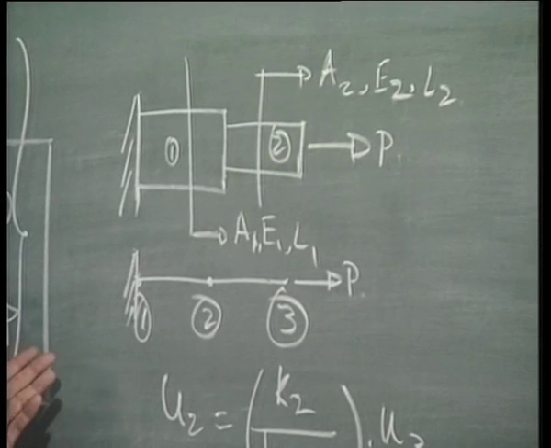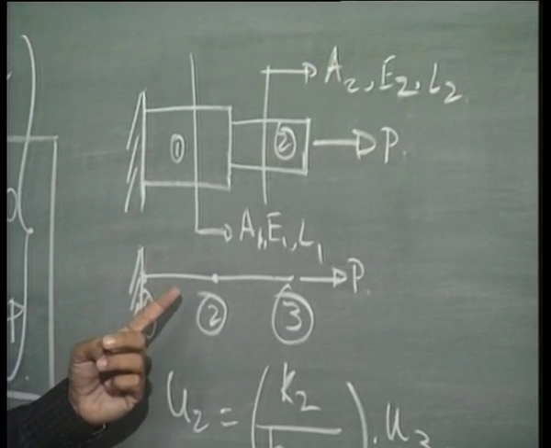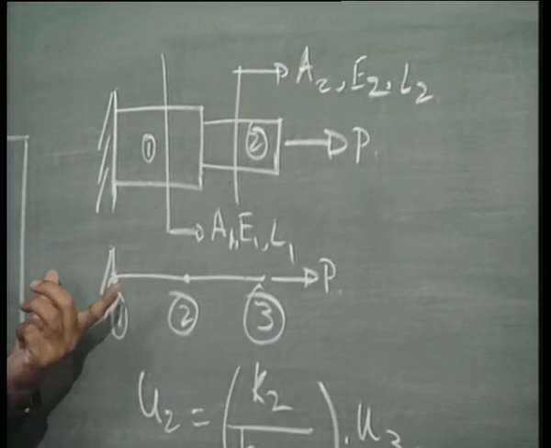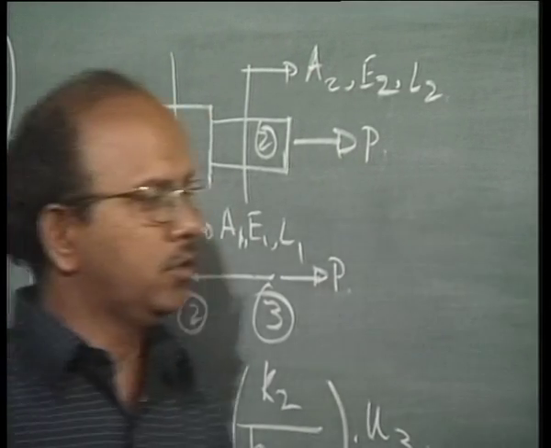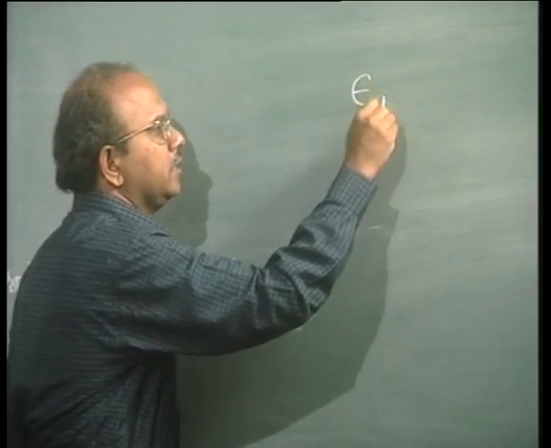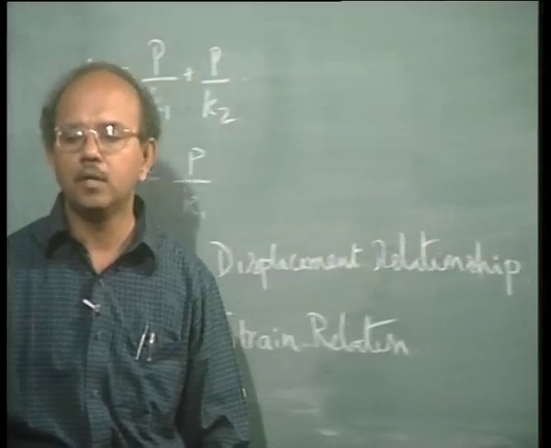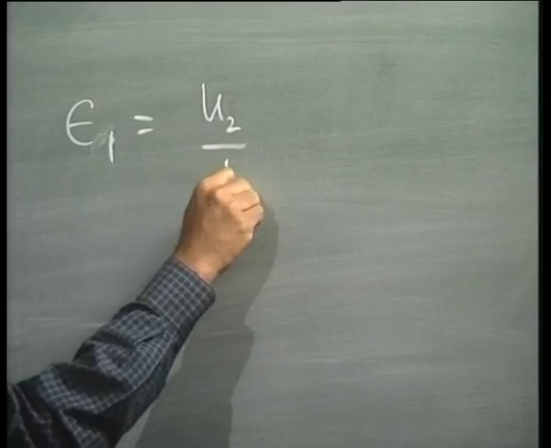So the strain in 1 is nothing but u2 divided by L1.